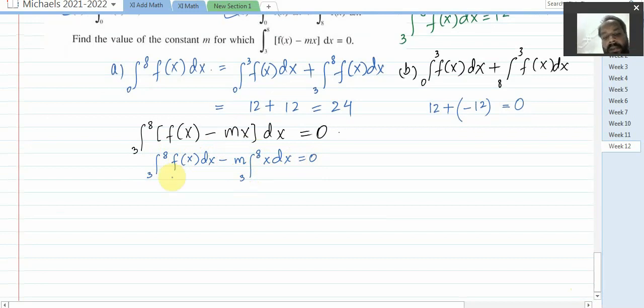Alright, from 3 to 8 the value is given, and it's 12, minus m, and as it is the integration of x, we know that it's x squared divided by 2. So x squared divided by 2, and the limits we have are from 3 to 8, and it's equal to 0.